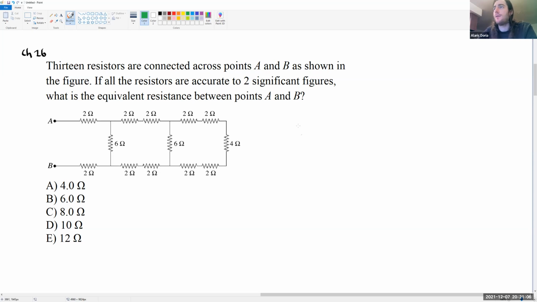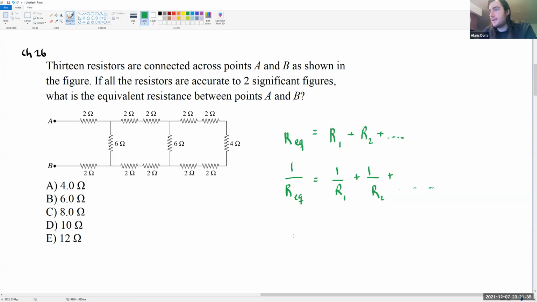Since we will have formulas available on the final exam, I'll remind you that the equivalent resistance for resistors in series is the sum of the resistors, and for resistors in parallel, the reciprocal of the equivalent resistance is equal to the sum of the reciprocals of the resistances, like that.